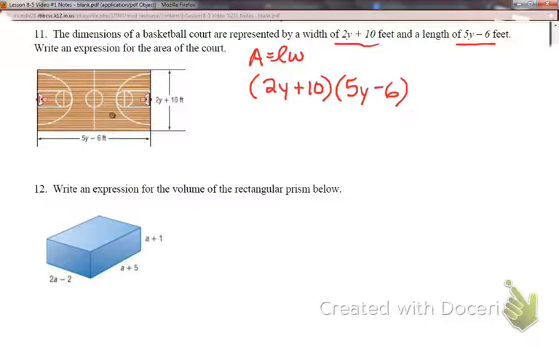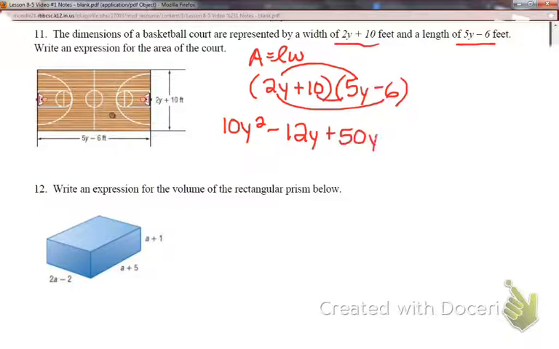So let's go with our firsts here. 2y times 5y is 10y squared. Outsides gives me negative 12y. Insides gives me positive 50y. And my lasts gives me negative 60.